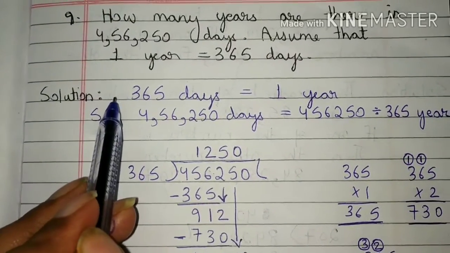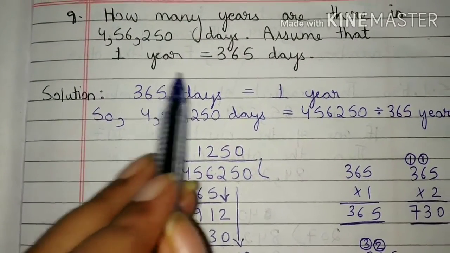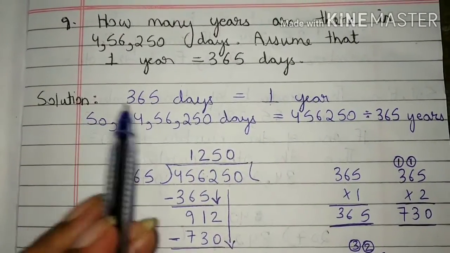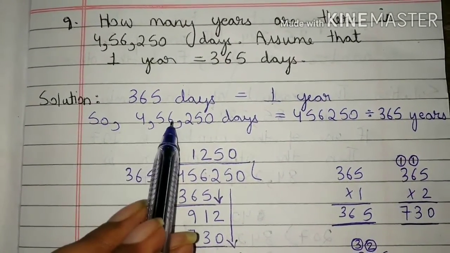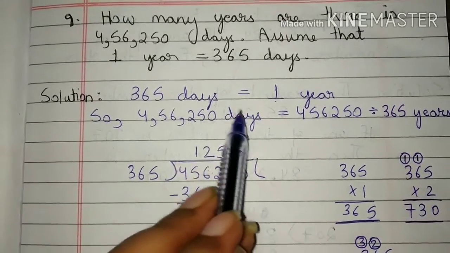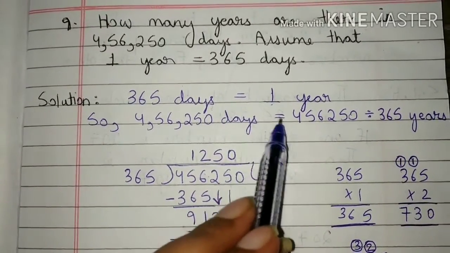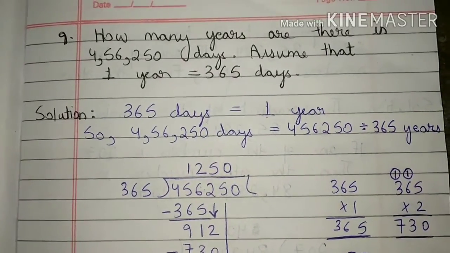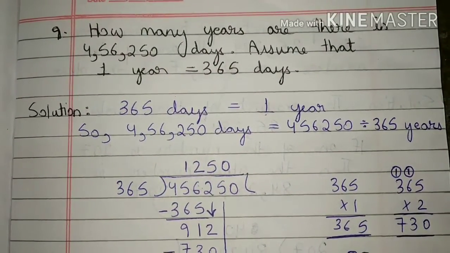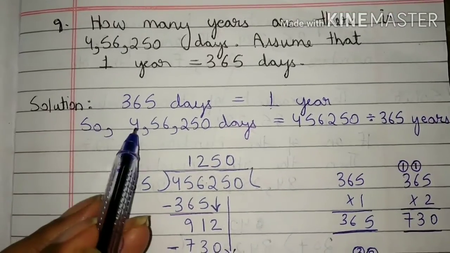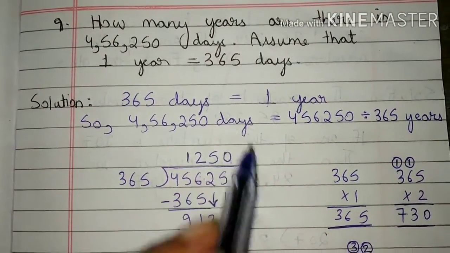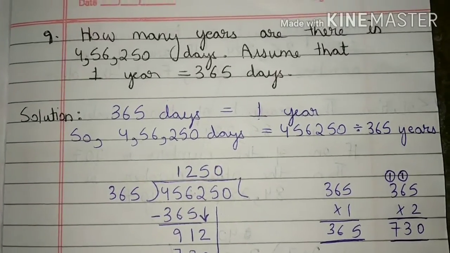If 365 days is equal to 1 year, then 4,56,250 days is equal to how many years? Students, in this question, we have to find the number of years in 4,56,250 days. So students, in this question, we will do division.